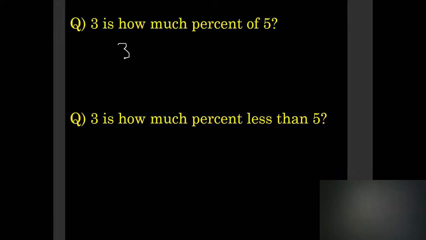So this is nothing but 3 by 5. As this is in fraction, in order to convert into percentage, we should multiply it by 100. If we further simplify this one, we get it as 60. So 3 is 60% of 5.